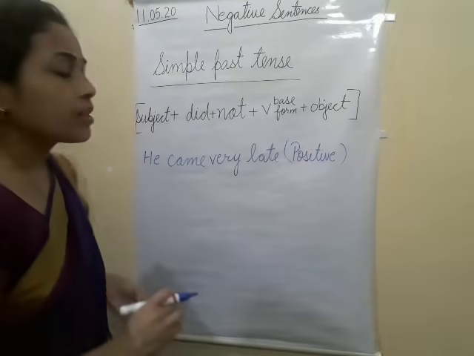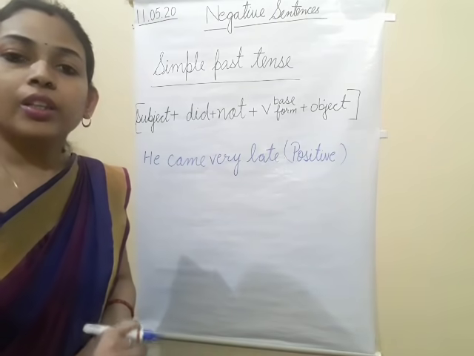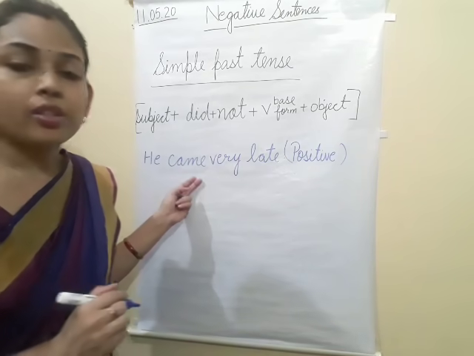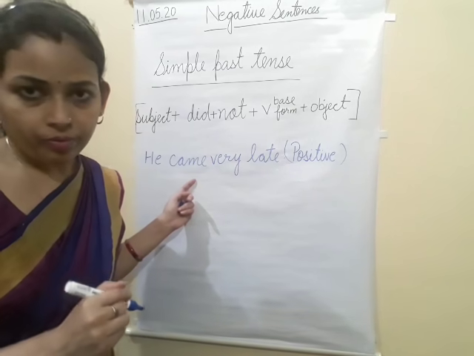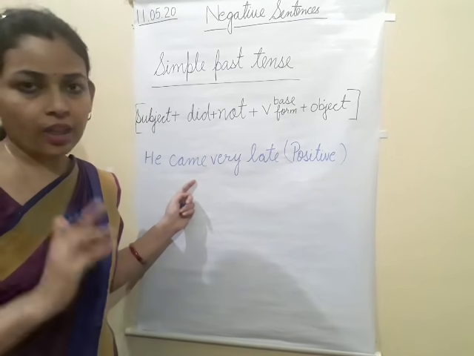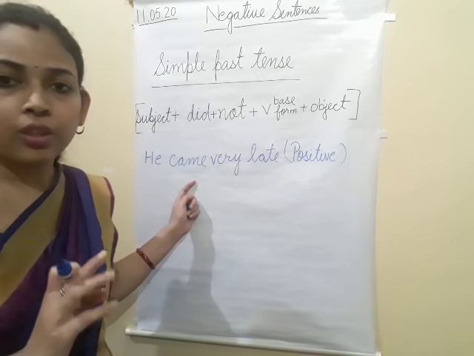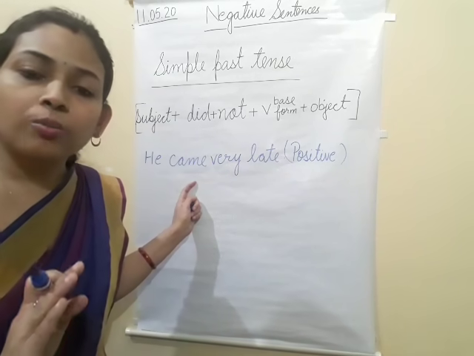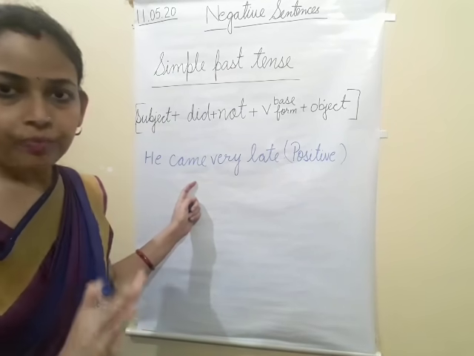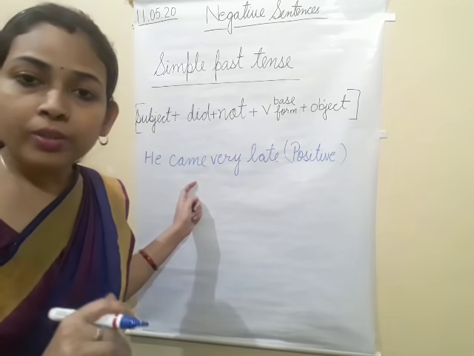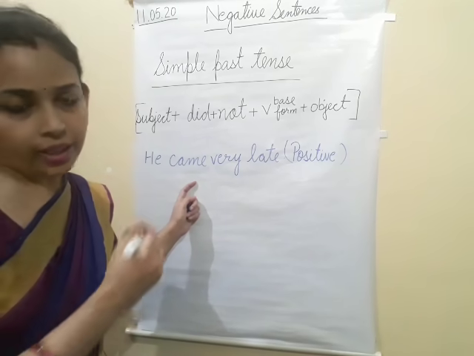In simple past tense, in affirmative we use the second form of the verb. In detail, that day also I told you in the previous video, the tense chapter is given in your book, and we will study it in detail there. Right now we will study the negative sentences.